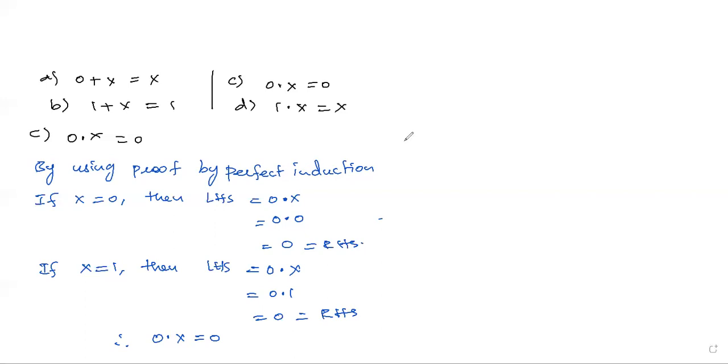By using the truth table also, we are able to solve it. By using the truth table, 0 and x will be 0.